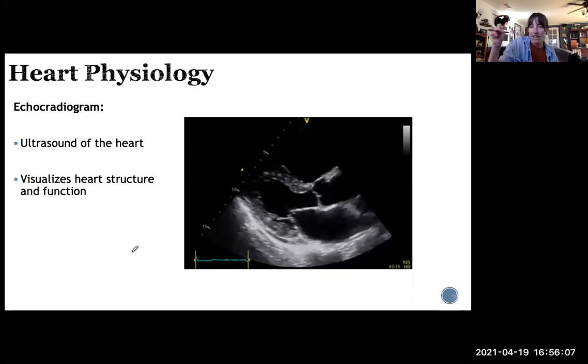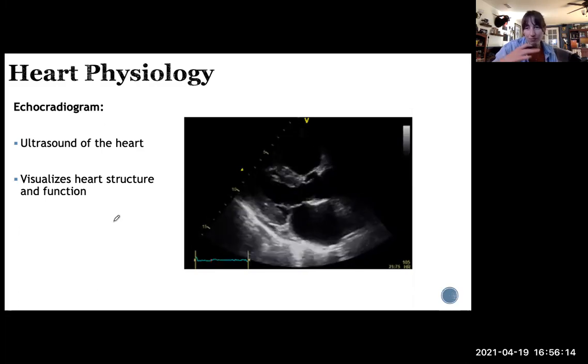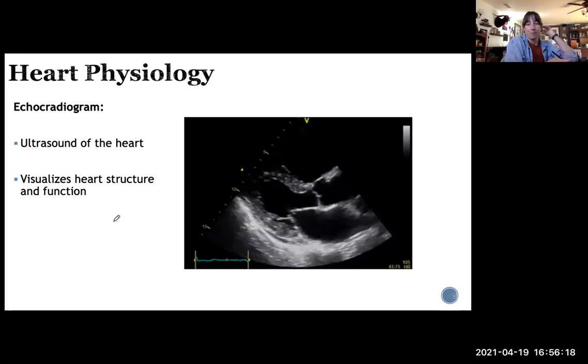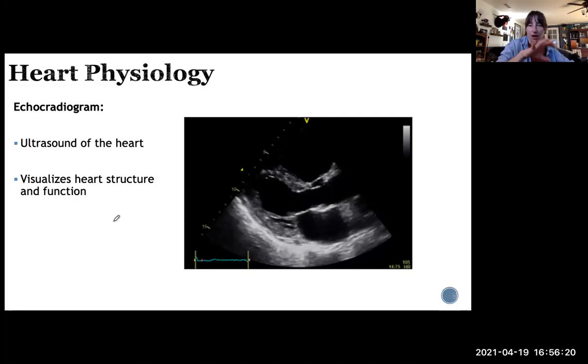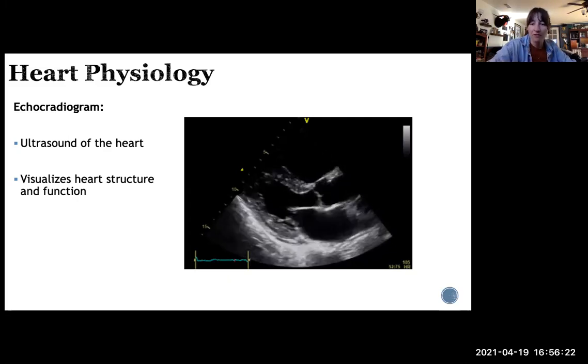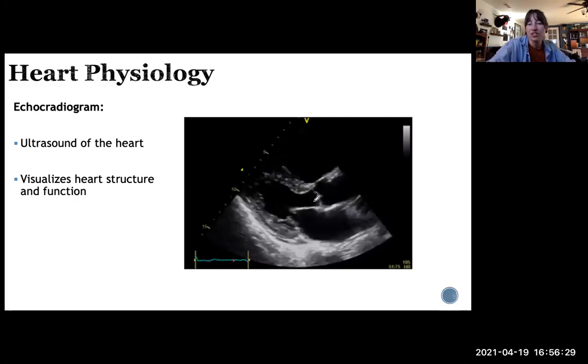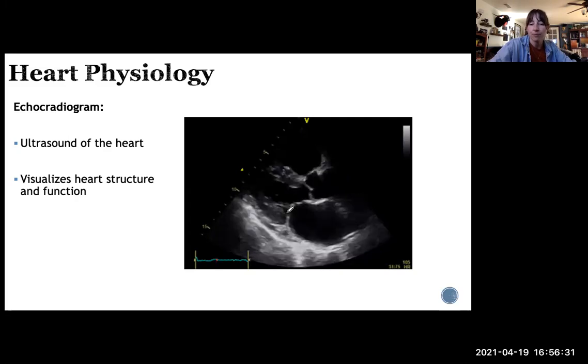You don't have your little waves going on in your little chart. This is instead a picture made by sending harmless radiation, but not really radiation, magnetic imaging off of the soft tissues of the heart. And this way, depending on what angle you get in the ultrasound, you can actually view the valves.